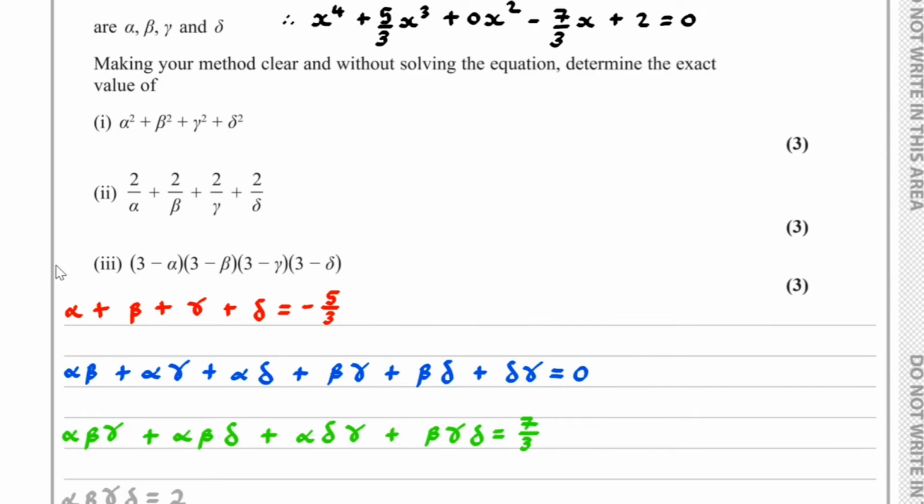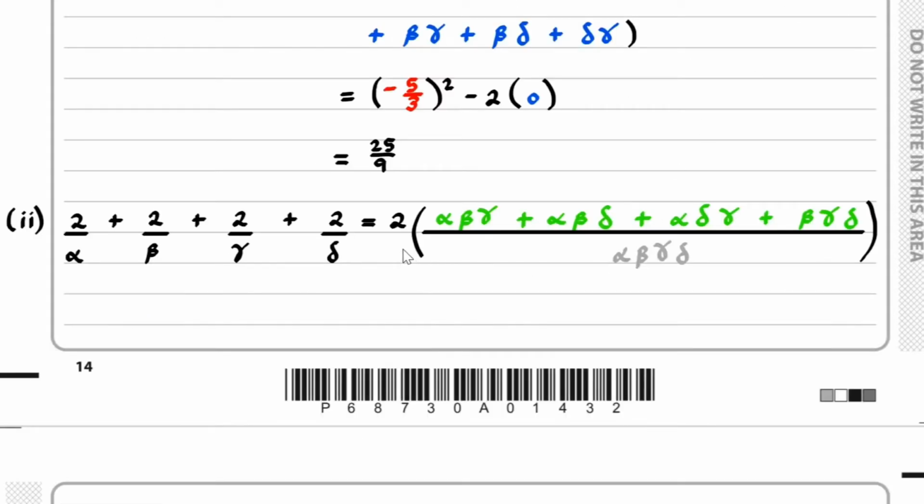For the next part, we've got 2 over alpha plus 2 over beta plus 2 over gamma plus 2 over delta. Well, we'd have two lots of alpha beta gamma plus alpha beta delta plus alpha delta gamma plus beta gamma delta divided by alpha beta gamma delta.